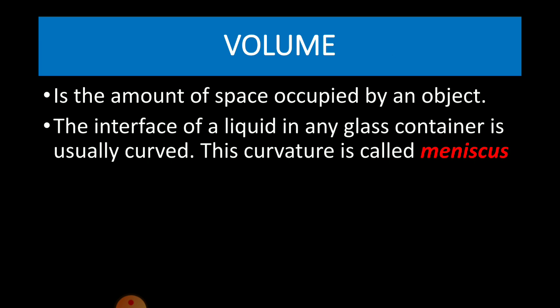The interface of a liquid in any glass container is usually curved, a phenomenon that results from the difference in the attractive forces between the liquid and the glass. This curvature is called the meniscus, which is carefully observed to obtain a liquid's volume with minimal error.